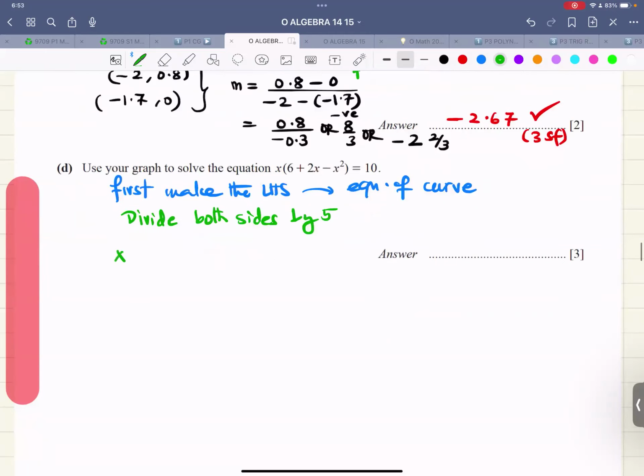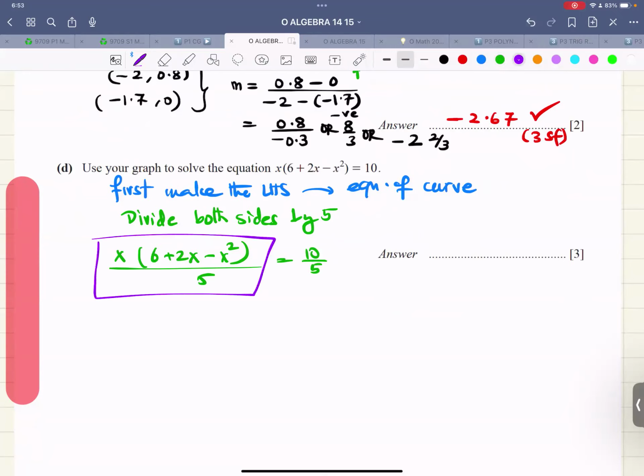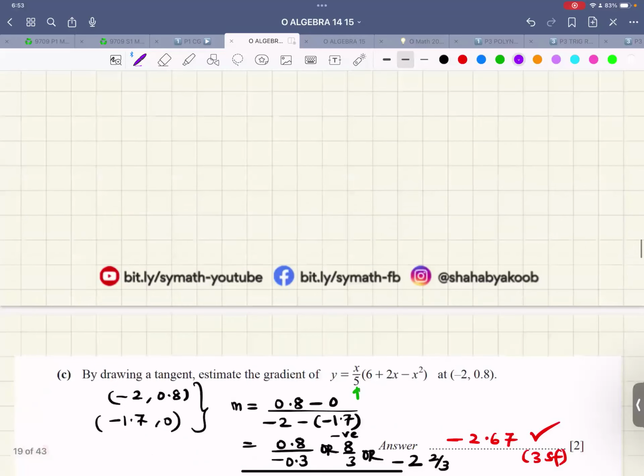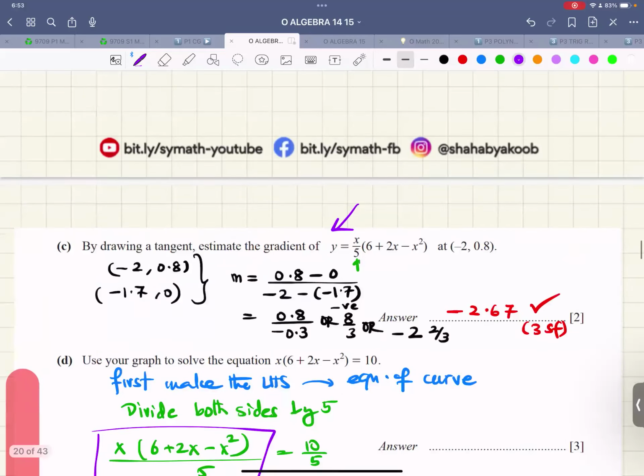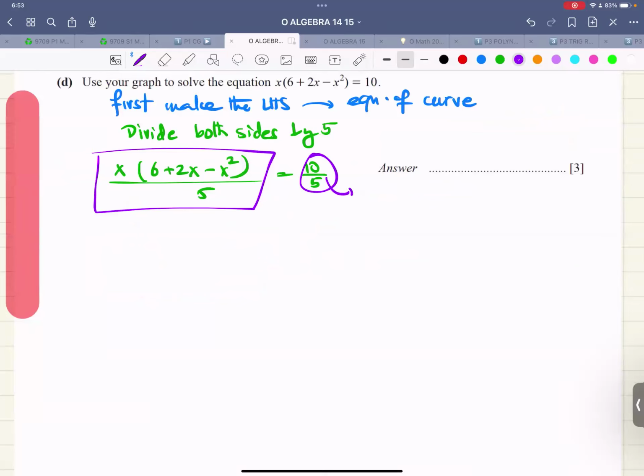Therefore, x times 6 plus 2x minus x squared, divided by 5, is equal to 10 over 5. 10 over 5 comes out to be 2. So this left side is equal to the equation of the curve, y equals something, and the right side simplifies to 2. Therefore, y is equal to 2.